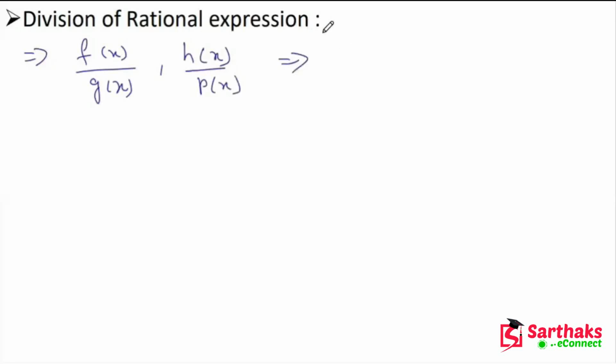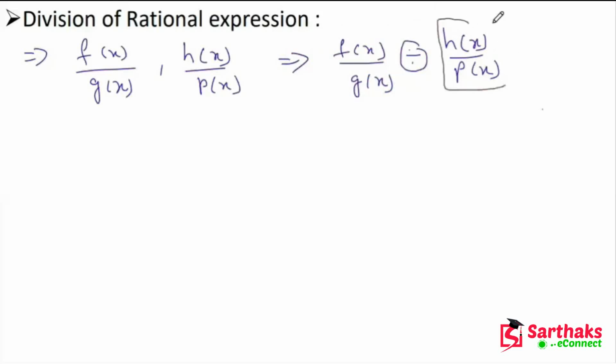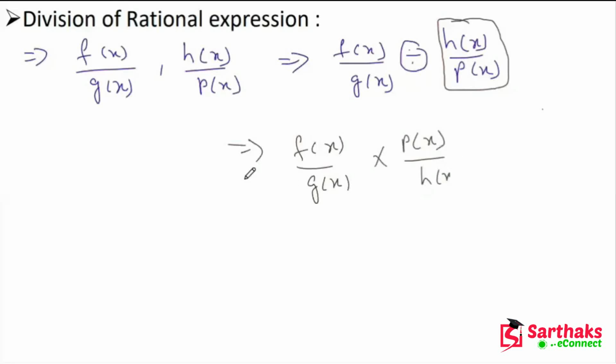If we divide f of x over g of x by h of x over p of x, in this case we turn this sign into multiplication, then the second expression becomes reciprocated. So what is the result? f of x divided by g of x multiply p of x divided by h of x. Okay, so I hope you get this point now.